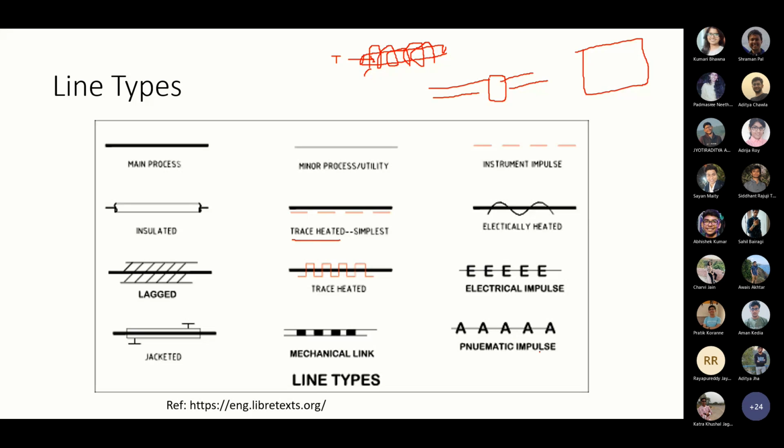This way, each and every detail we can understand by using the P&I diagram. The person who fabricates the instrument knows all these details, but for us to know, we would have to open and see everything. We don't need to do that if we have a P&I diagram.